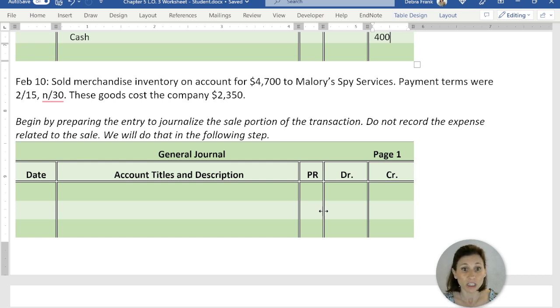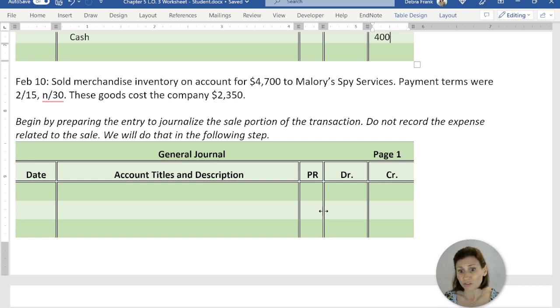We didn't get cash right away from Mallory Spy Services. They said put it on my account, I'll pay you later. We're doing our perpetual inventory system here, and we're going to follow our rules under GAAP. We want to be conservative. We don't want to overstate our sales revenue.